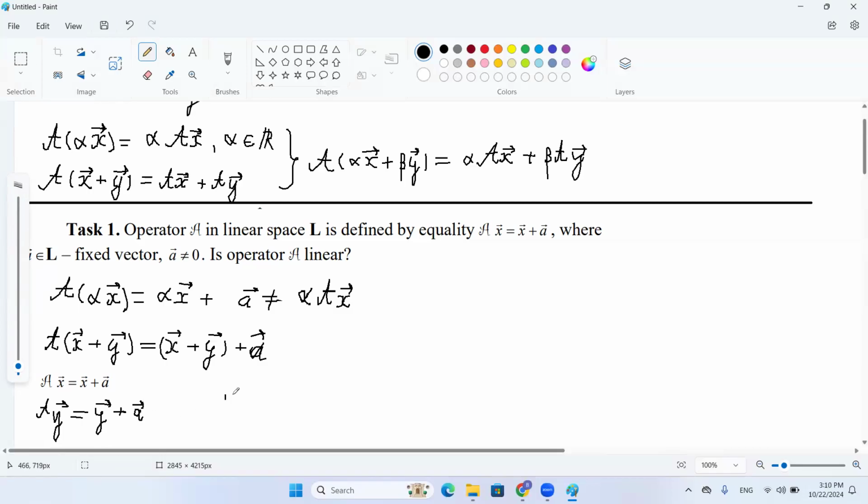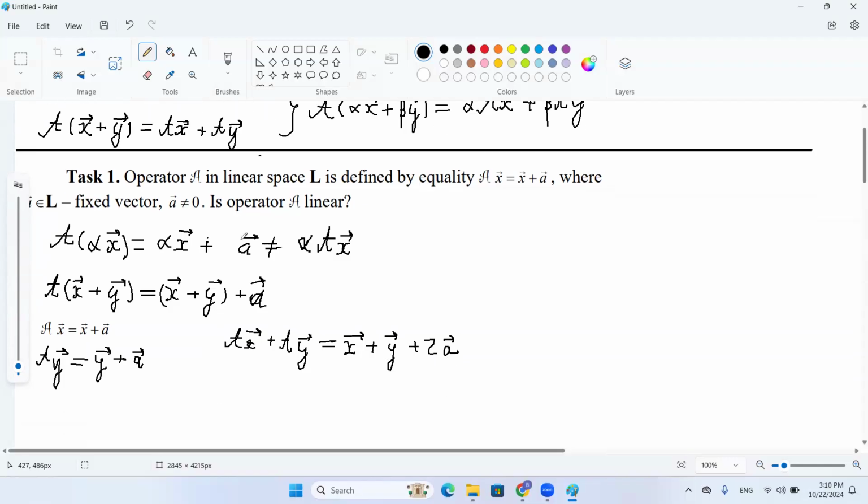And if we add Ax and Ay, what do we see? x plus y plus 2a. So is this operator linear or not? What can we say about it?